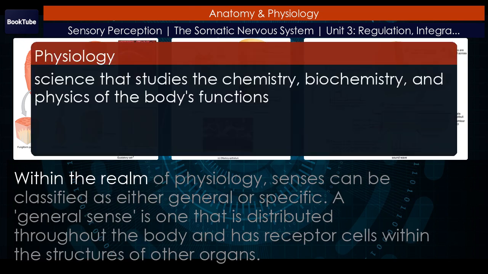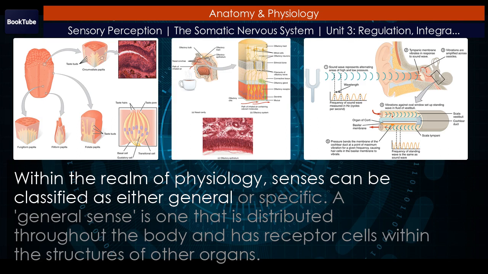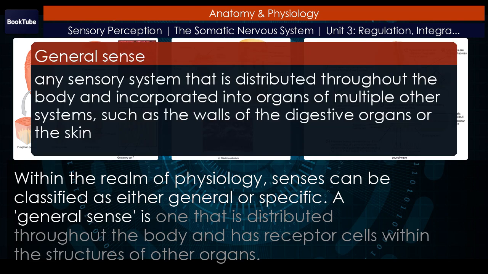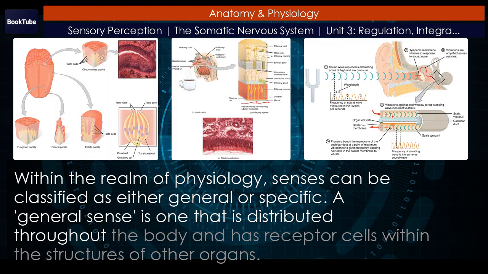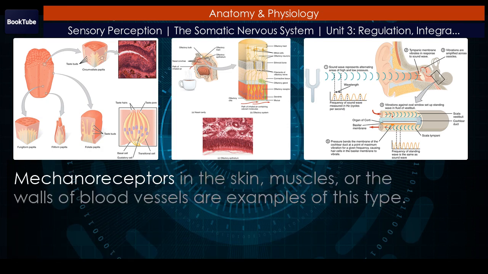Within the realm of physiology, senses can be classified as either general or specific. A general sense is one that is distributed throughout the body and has receptor cells within the structures of other organs. Mechanoreceptors in the skin, muscles, or the walls of blood vessels are examples of this type.